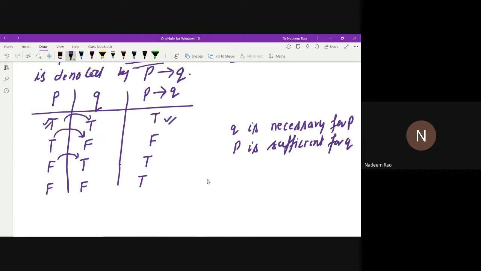If P is true and Q is false, then it is false; it's not possible. Q is the necessary condition for P, so Q must be true. If P is false, it's not possible that Q will be true. So if P is false and Q is true, then it's true. If both are false, then it is false. So this is the truth table for this.